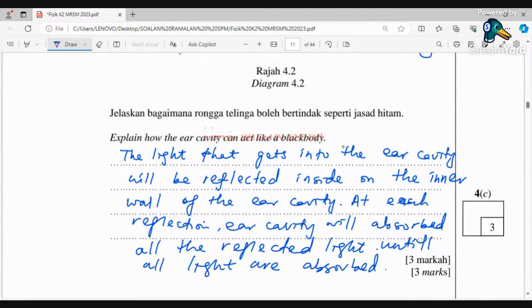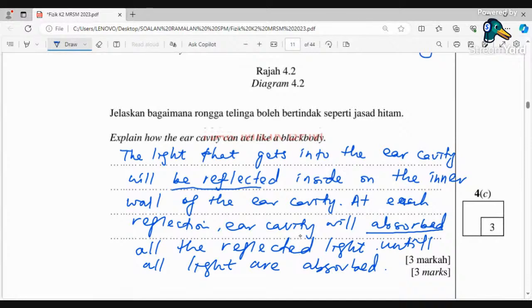Okay, dia lah. Kita nak nampak ini, dia reflected and absorbed. Nampak? Okay, reflected on the inner wall of the ear cavity. Okay, but not reflected out of the ear cavity.